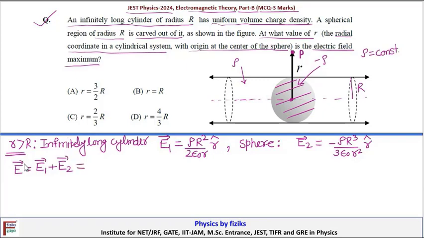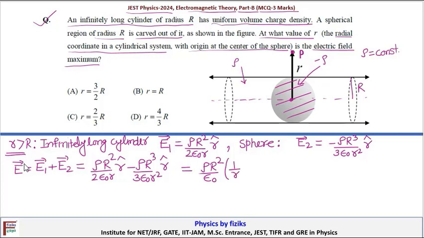So that will be given by, if we take the first term as rho R square by 2 epsilon naught r r cap, minus rho R cube by 3 epsilon naught r square r cap, and this we can write as, if we take rho R square by epsilon naught common, 1 by 2r minus R by 3r square, with r cap.